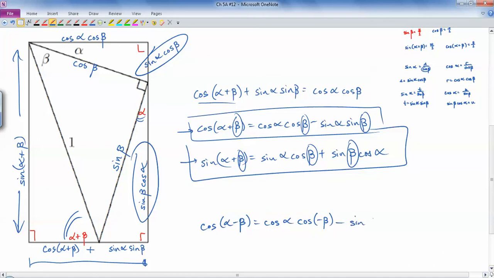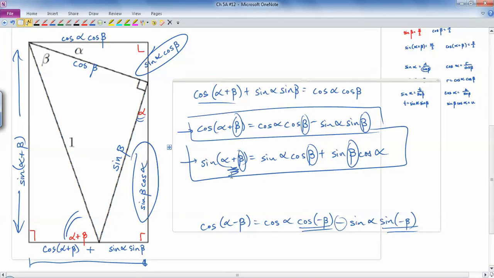Minus sine alpha sine negative beta. Then you can think about, is cosine an odd or an even function? Is sine an odd or an even function? That tells you how to turn this into a cos beta and a sine beta, and whether the signs change, so whether you get a plus or minus out in front. Then you end up with the angle difference formulas instead of the angle sum formulas. All right, hope that helps.